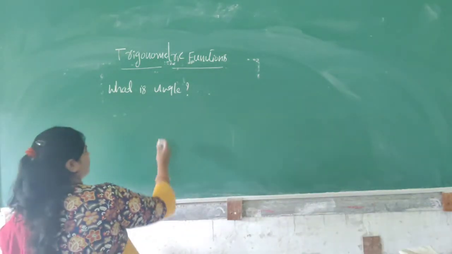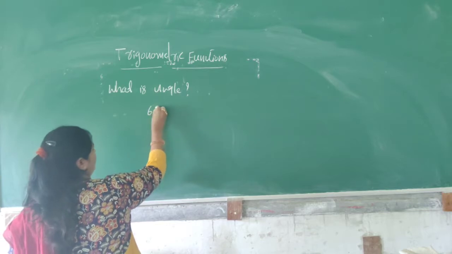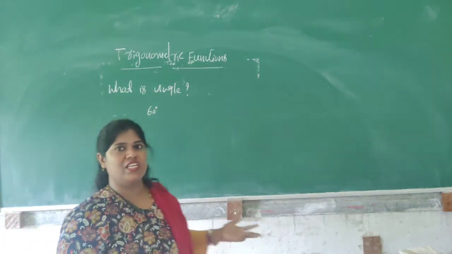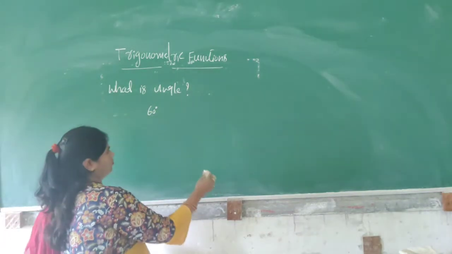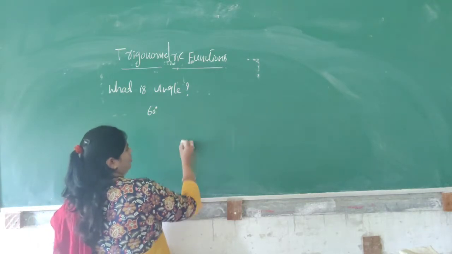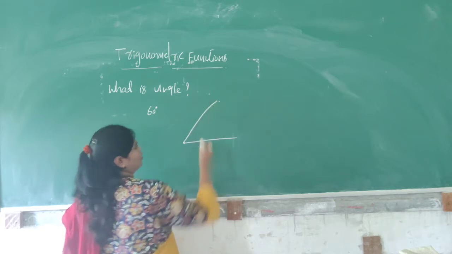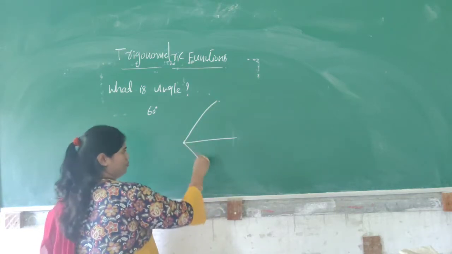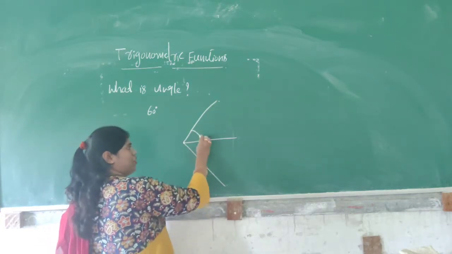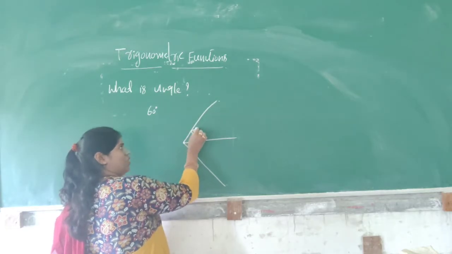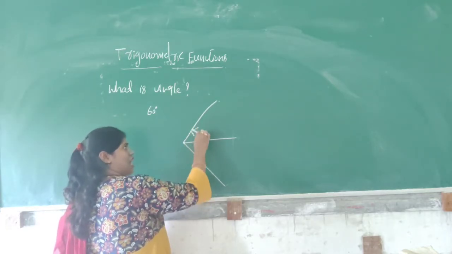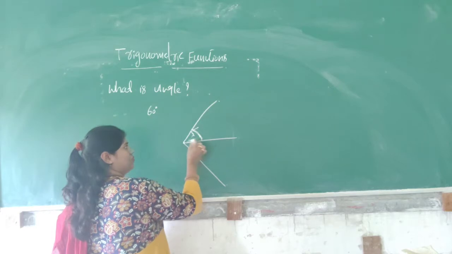So, for example, we consider 60 degree. We'll make it plus 60 degree and minus 60 degree. Here also, if the arrow mark is like this, that is towards anti-clockwise.